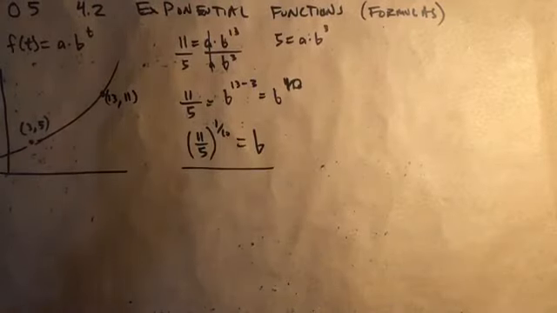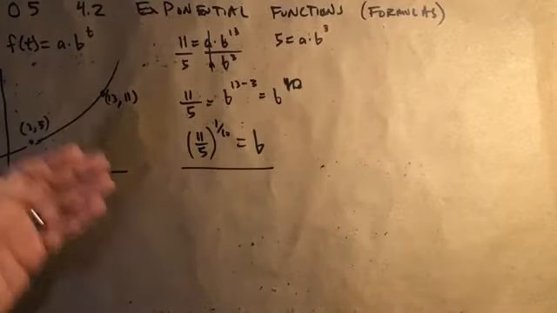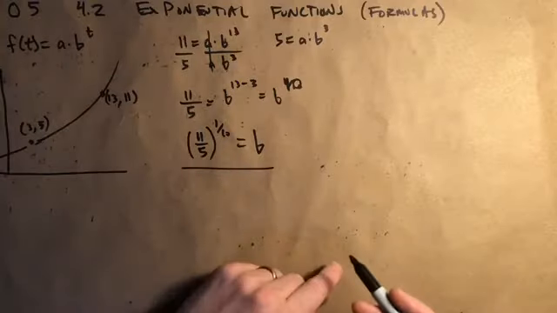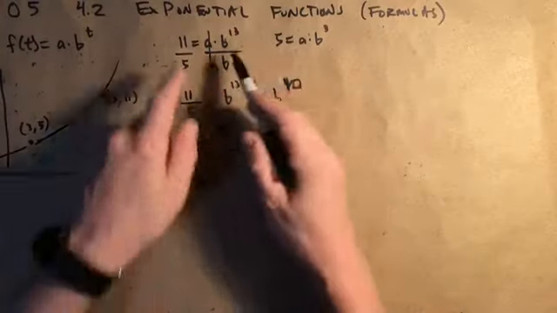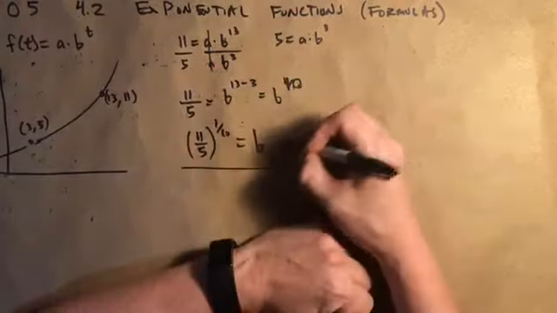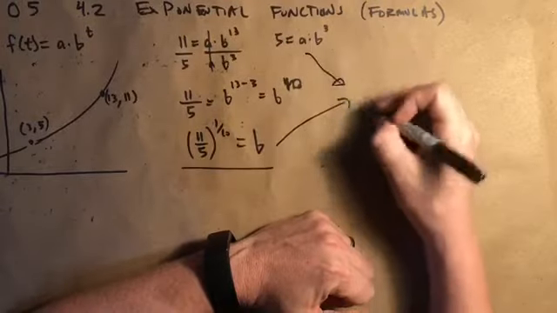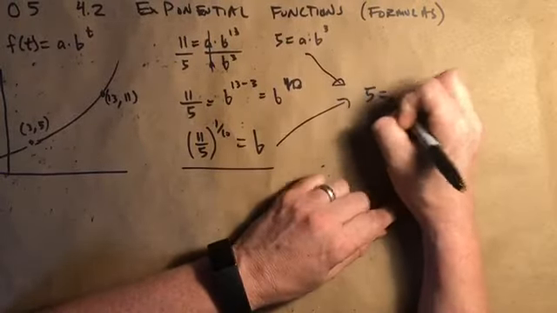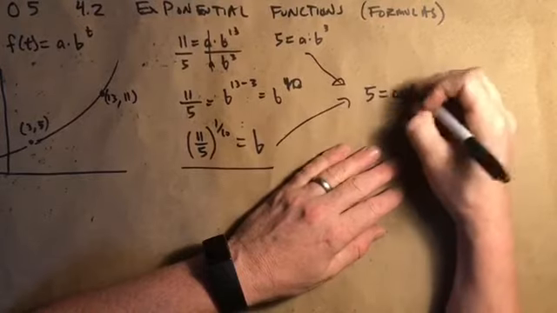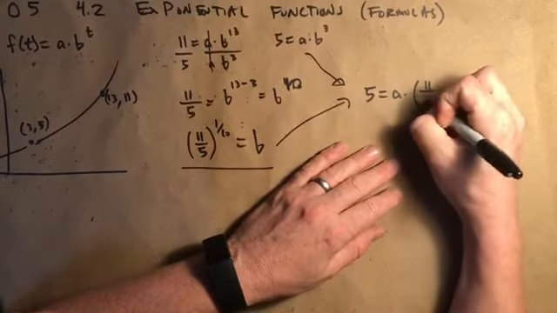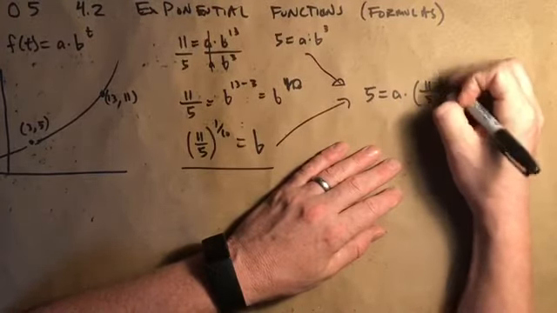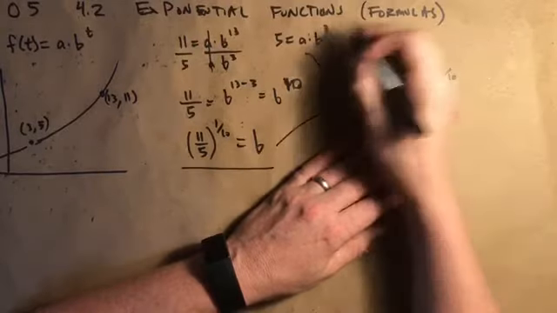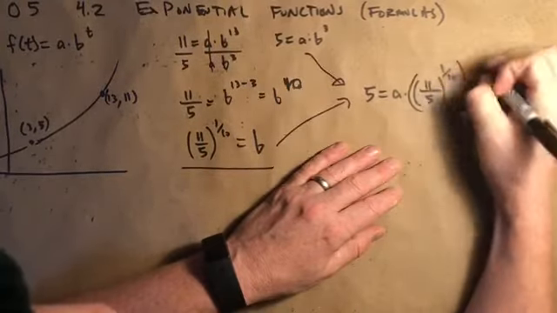Except for the fact that I need to figure out how to get my a value, and one way to do that would be to put this b into either of these equations. I'm going to use this point right here. So we can have 5 is equal to a times 11 over 5 to the 1/10, and then all of that gets cubed.